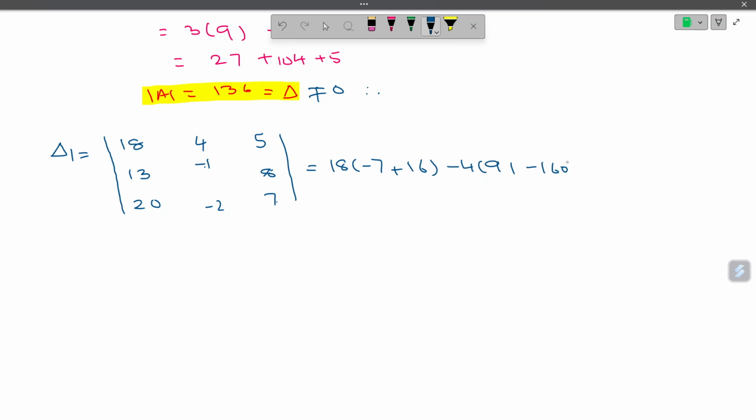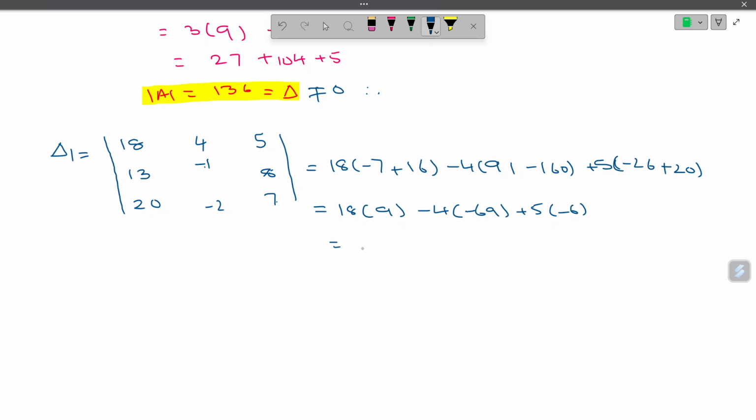Plus 5 times, taking this 5: 13 times 2 is 26 with a minus sign, minus 26, and 20 times minus 20. Formula minus, so minus times minus is plus. So 18 times 9, minus 4 times 69 if we take it, plus 5 times minus 6.